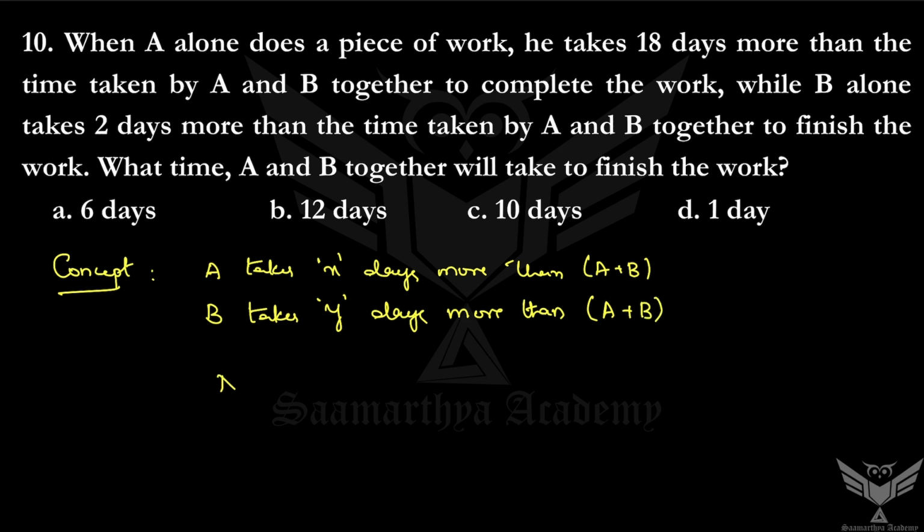Then the number of days taken by A and B is equal to, just remember this is the only formula that we are gonna use in time and work, that is root xy.